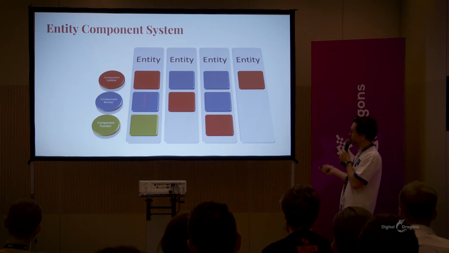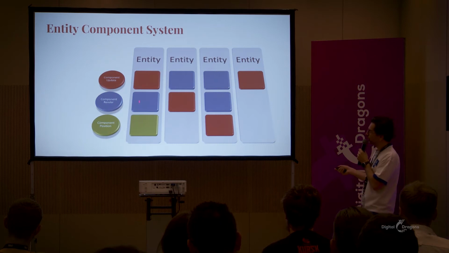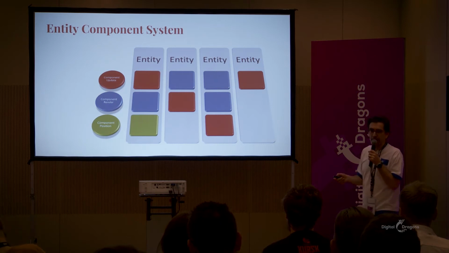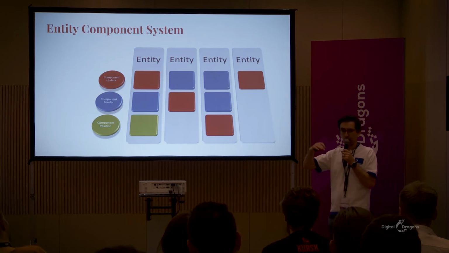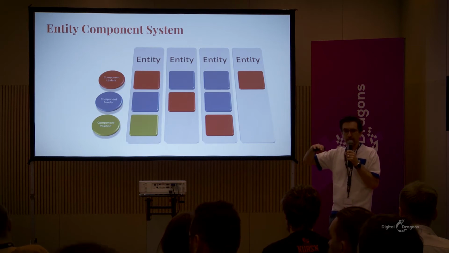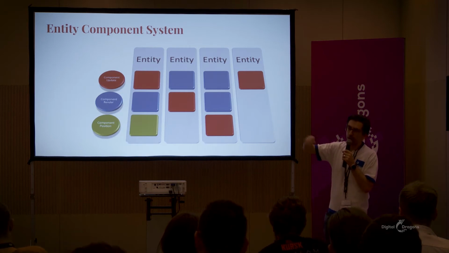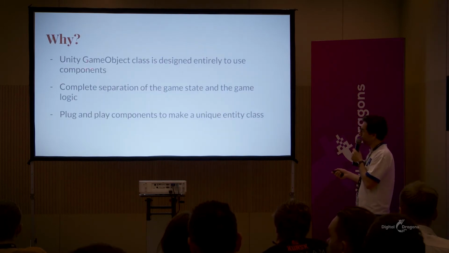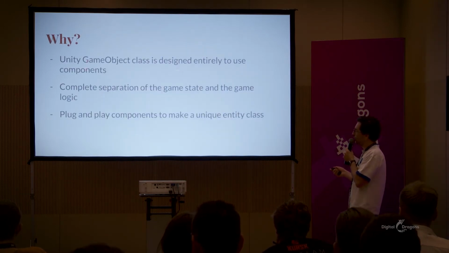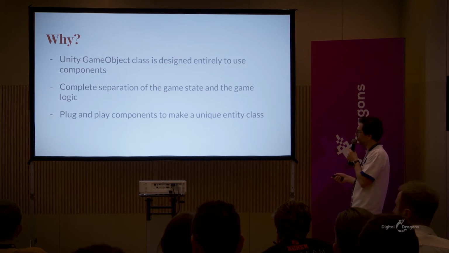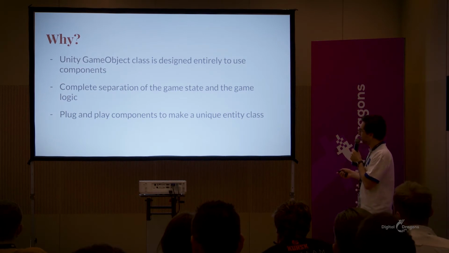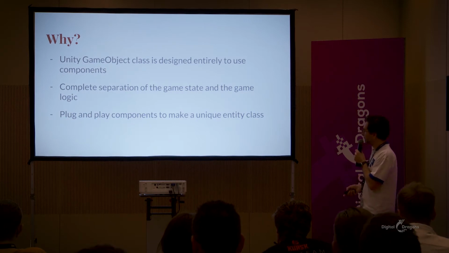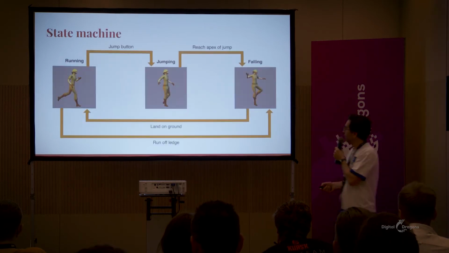In Unity, this will be a game object, and each game object has different components. Depending on the components that we attach to a game object, it can work in some or other way. Why? Well, because as I already said, Unity is designed entirely to use components. We have a complete separation of the game state and the game logic, and we can plug and play components to make a unique entity class.